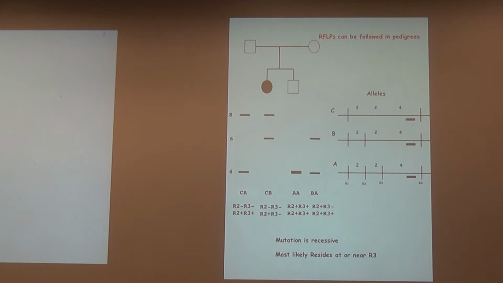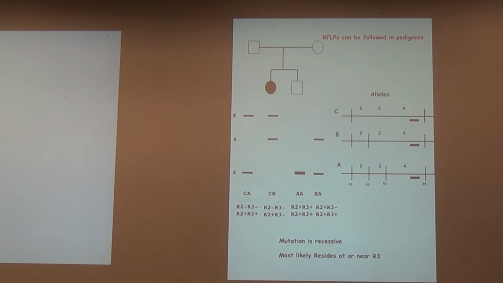So pay attention. When we look at these alleles, we've labeled them in this fashion. We can also label them with respect to the restriction sites. Now under these conditions, you have to pay attention to 2 different restriction sites, R2 and R3, because those are the ones that are appearing and disappearing.